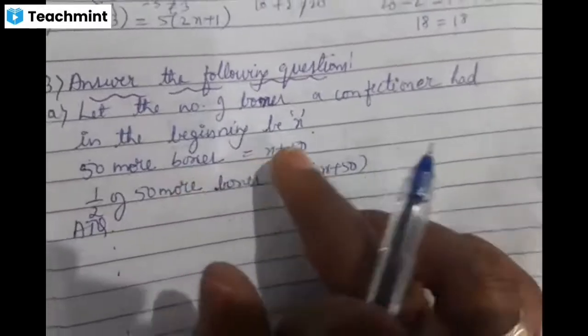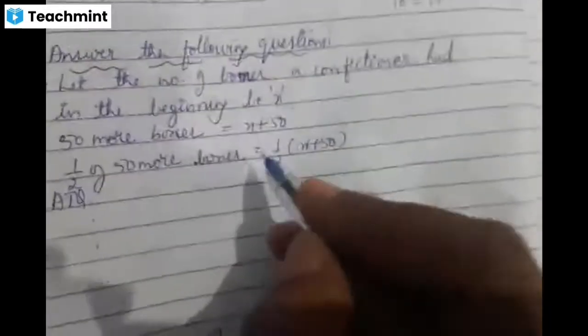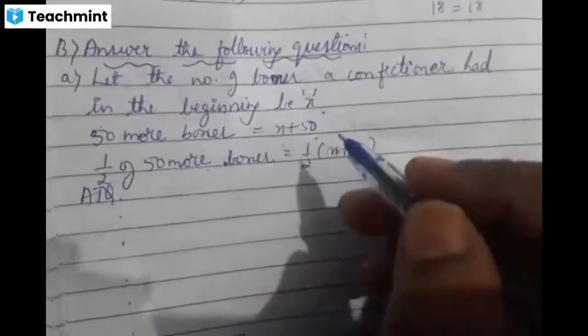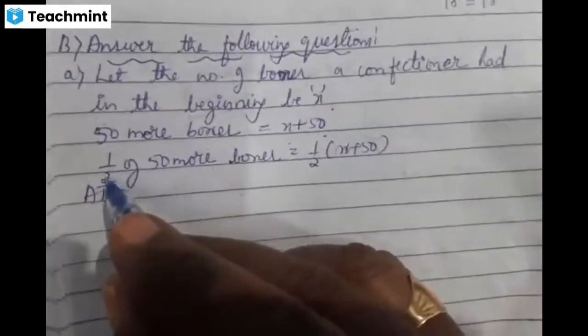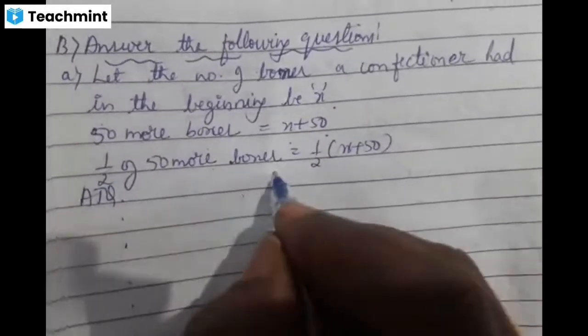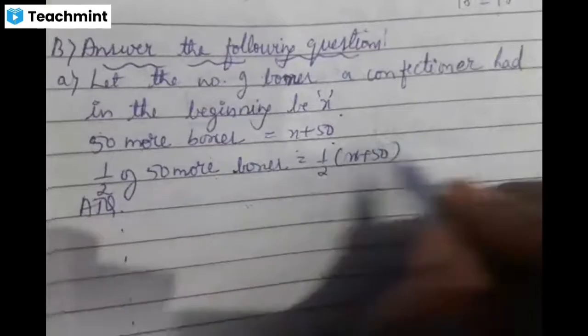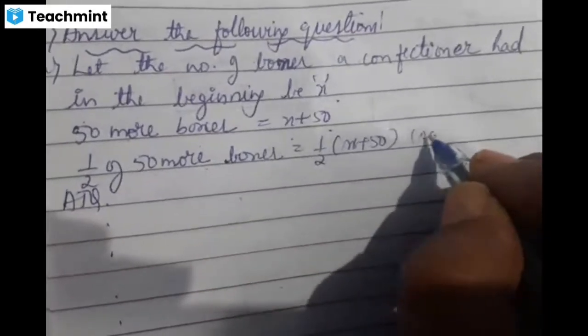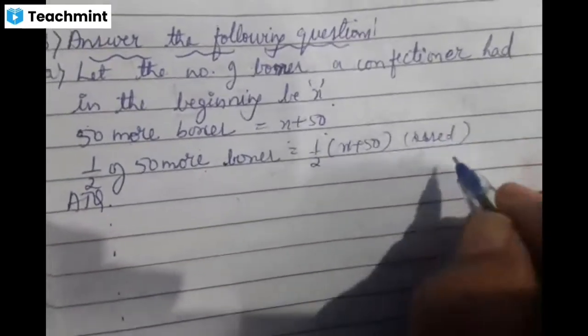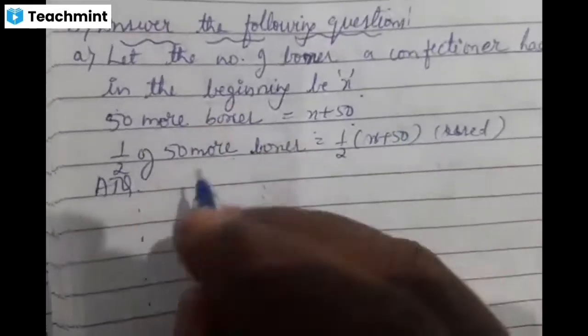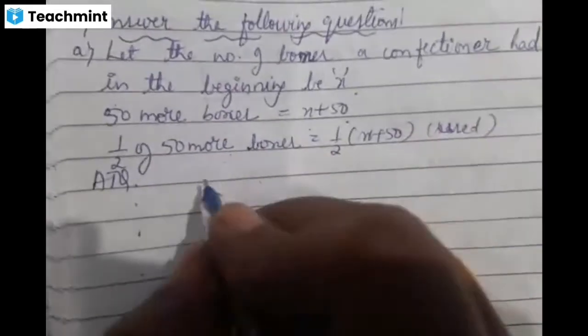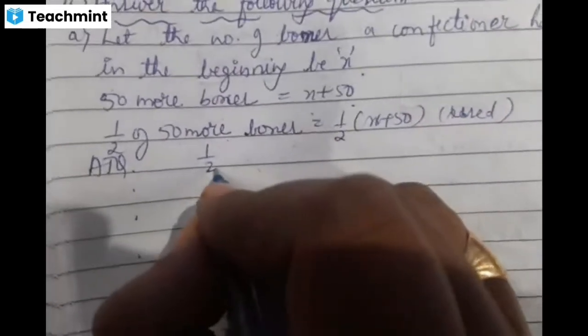Then 50 more boxes he is bringing, so x plus 50 we write. After 2 days, half of these boxes were sold or used. Now according to the question, after selling them, how many were left?